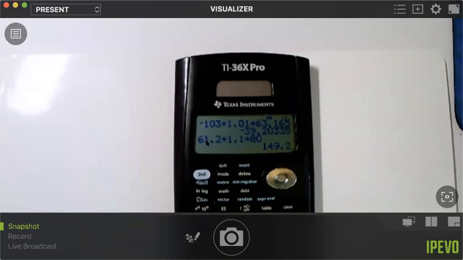That is 61.2 plus the slope of the line, 1.1, times the given right arm systolic pressure of 80, and you get 149.2.